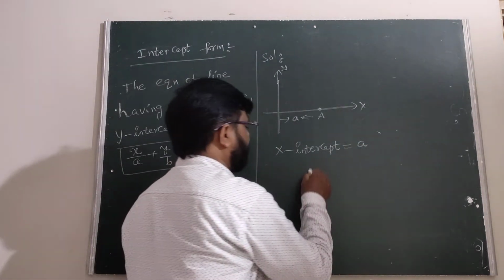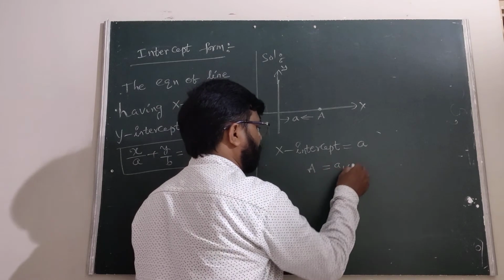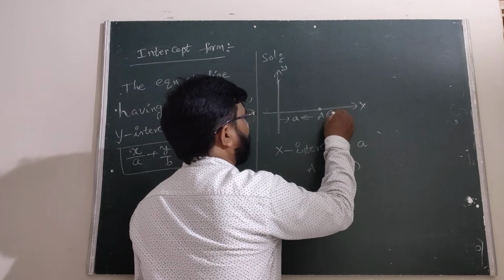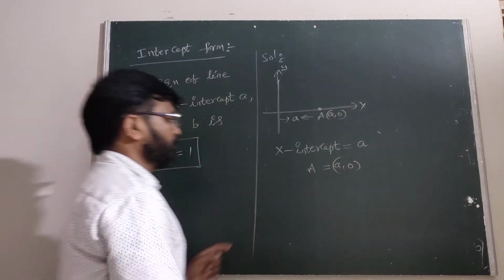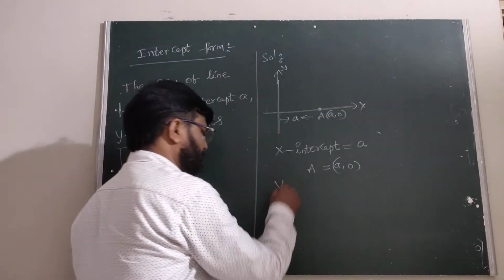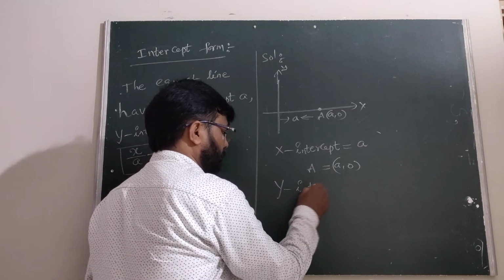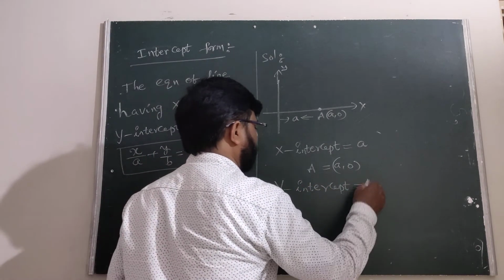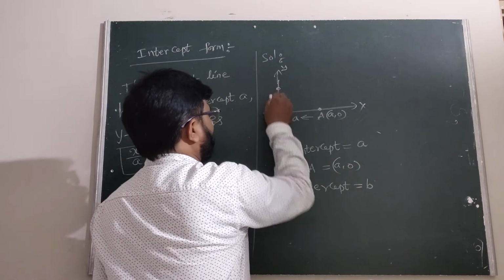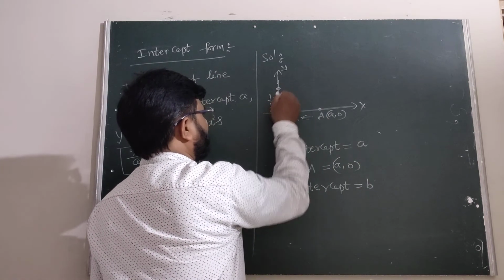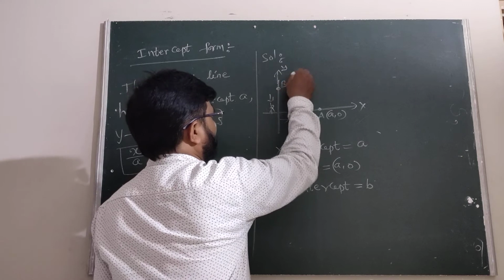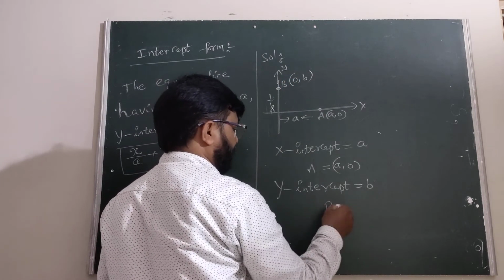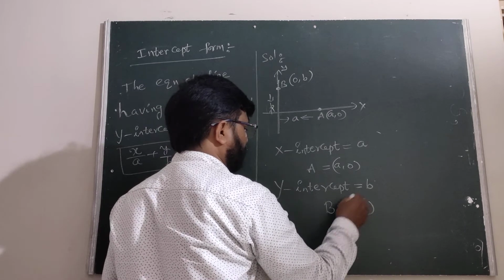Therefore the point A is (a, 0), because on the x-axis y is 0. The y-intercept is given as b. Y-intercept is b. Therefore the point B on the y-axis, where x is 0, is (0, b).